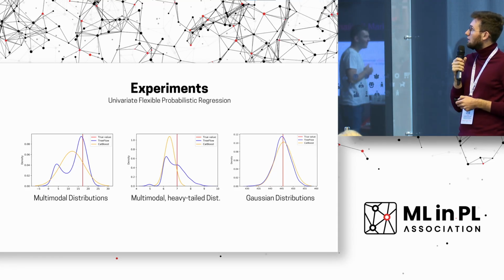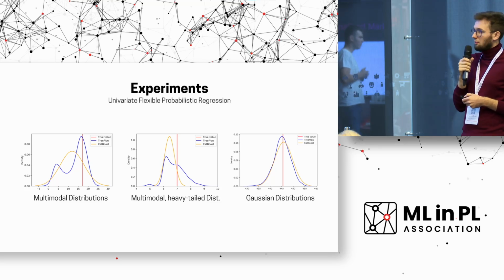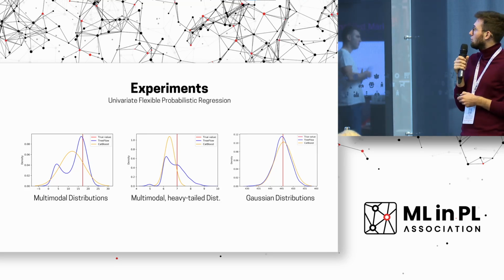We can observe that the method is finding very complex distributions. We saw an example on the previous slide where we found a multi-modal distribution with two modes. However, there might be even more complex distributions, for example multi-modal ones that also have a heavy tail.